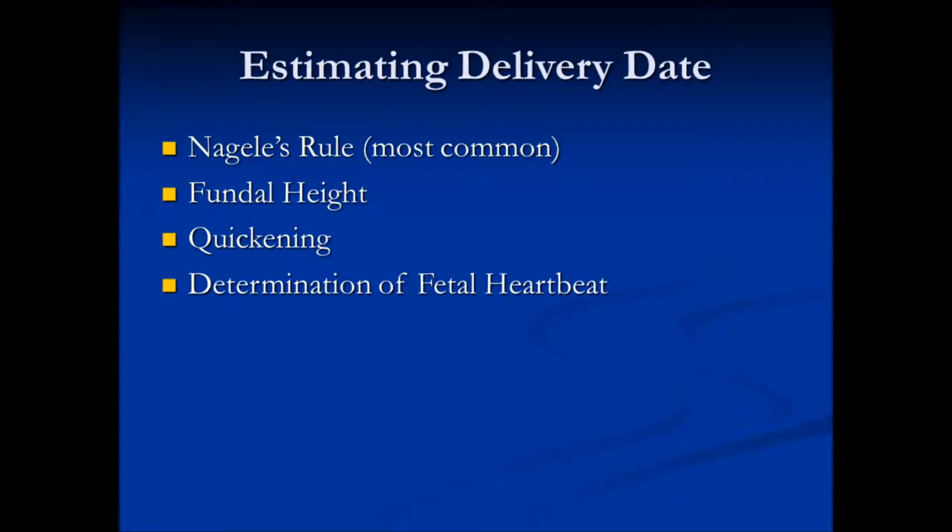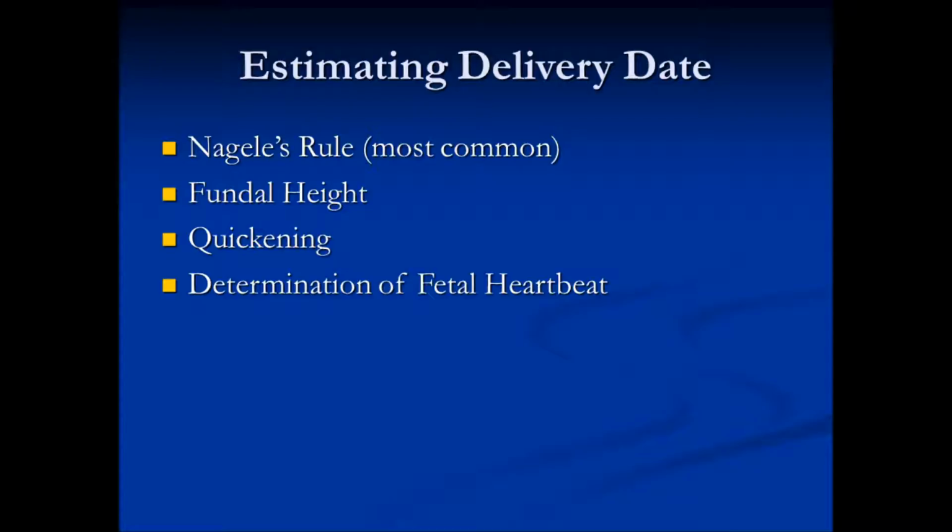There are 4 ways that you can estimate when the baby is due. The first way is the Nagel's rule, and is the most common method for determining estimated delivery date.